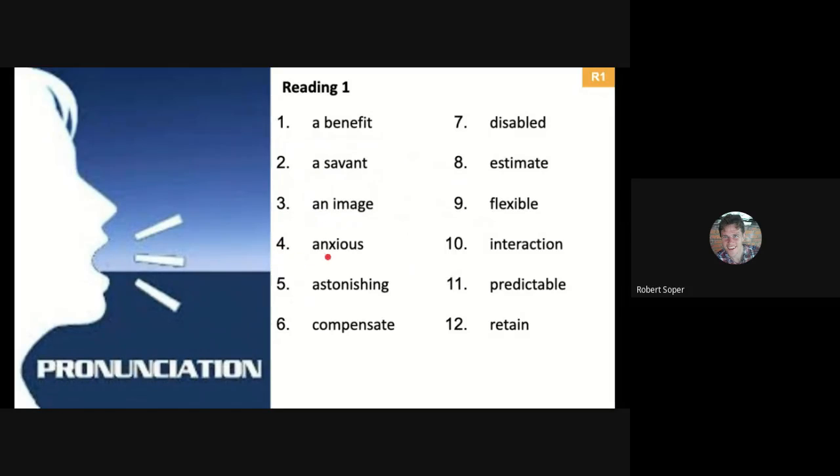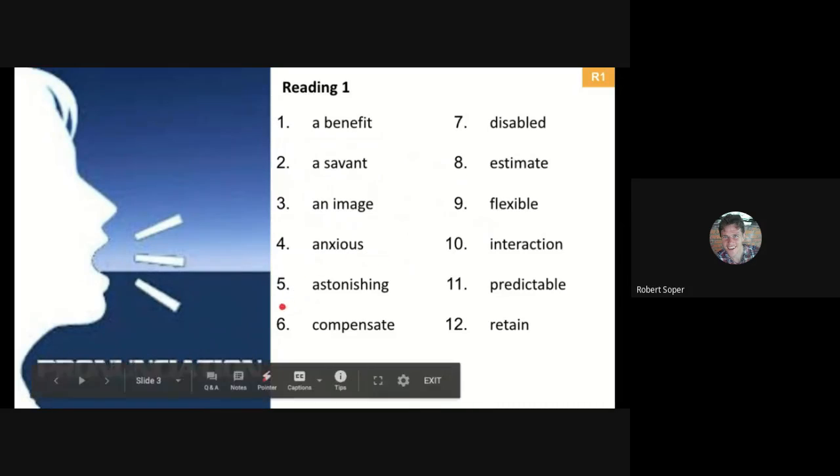Number 4, anxious. Number 5, astonishing. Number 6, compensate.